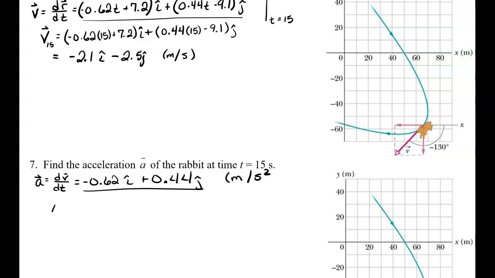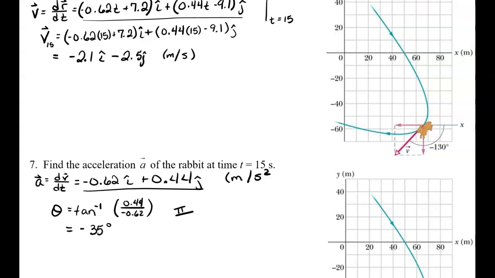So the angle at which that acceleration happens, I could find by using tangent inverse of the y component, which is the opposite, over the adjacent piece, 0.62. So I could find that the angle the acceleration is applied at is about negative 35 degrees. Now, because my x is negative and my y is positive, I'm in quadrant 2.